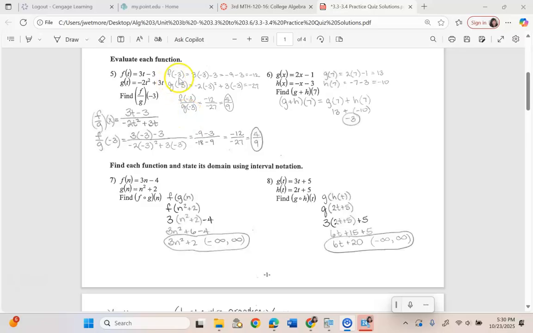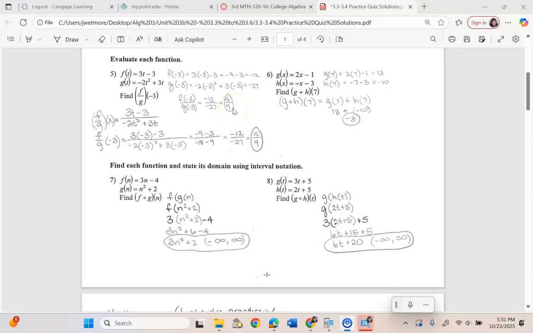So we're going to put negative 3 in the place of t right here. 3 times negative 3 minus 3 is going to give us negative 12. And then to find g of negative 3, I'm going to put negative 3 in the place of t. So that'd be negative 2 times negative 3 squared plus 3 times negative 3. That's what we did here, and that gave us negative 27. So if f of negative 3 was negative 12 and g of negative 3 was negative 27, then that would be our answer, and we could simplify that down to 4/9.